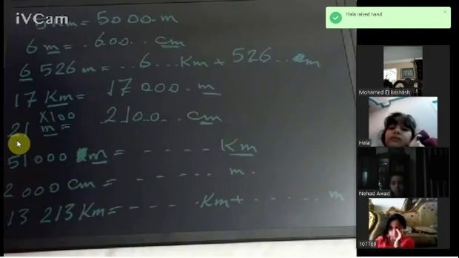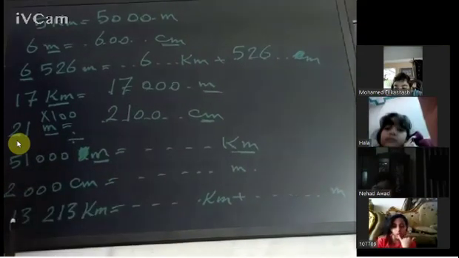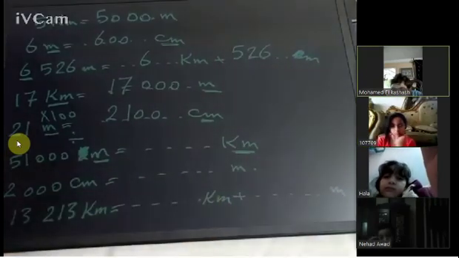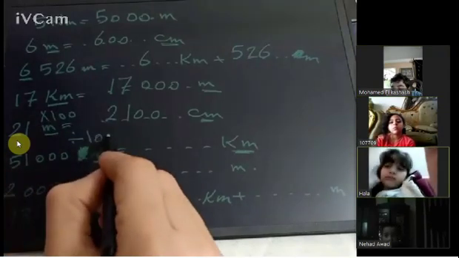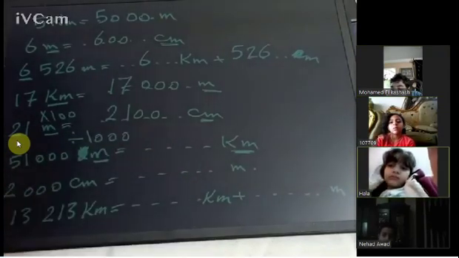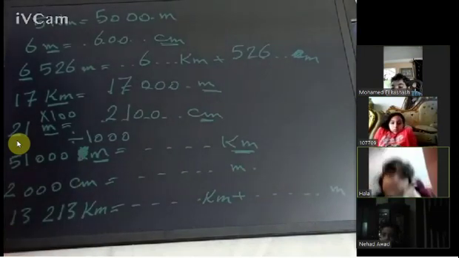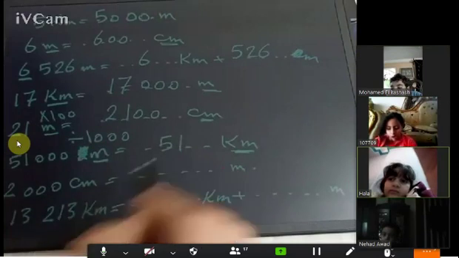Divide. Divide what? It's from meter to kilometer. So divide 100 or 1000? 1,000. Yes, 1000. That means you erase 3 zeros together. So when you erase 3 zeros together, what will you have? 51. Okay.